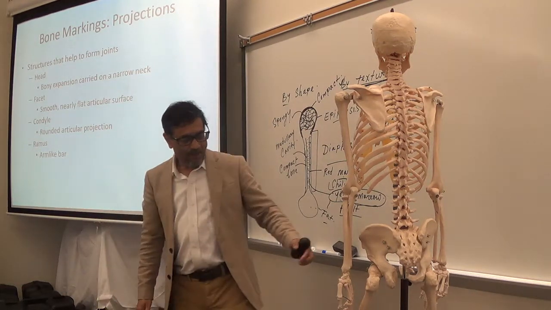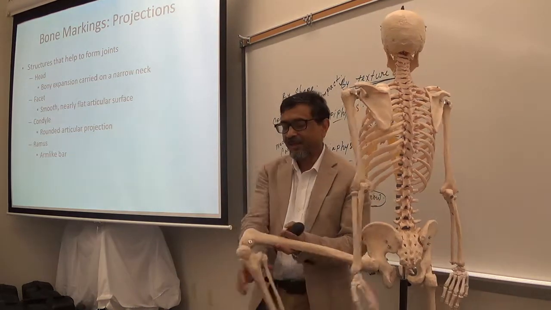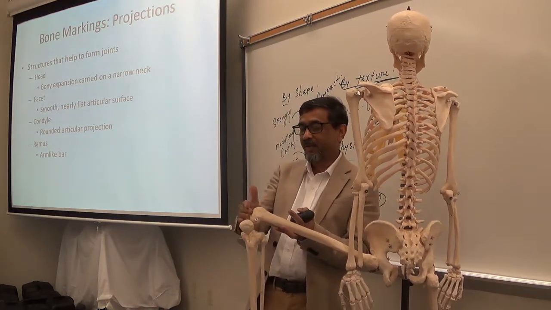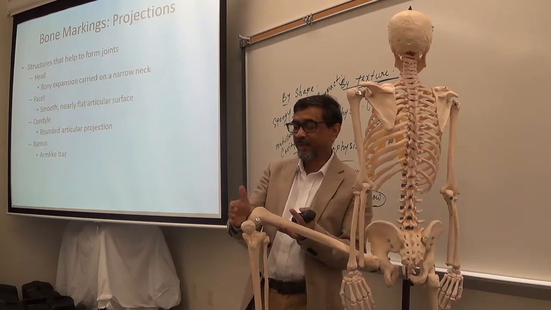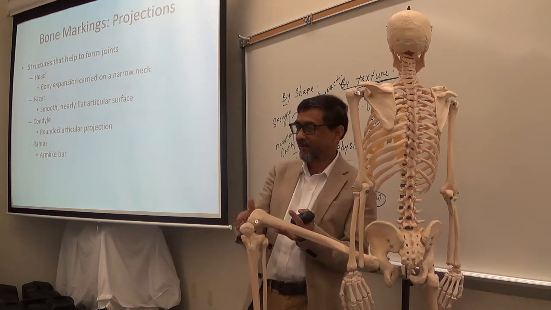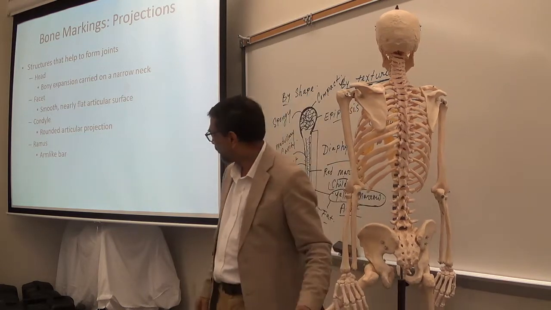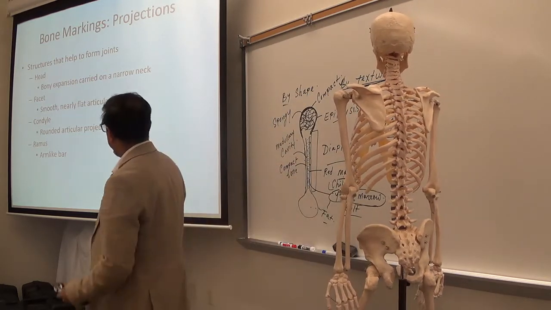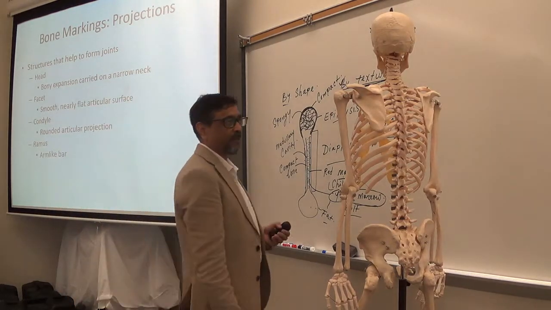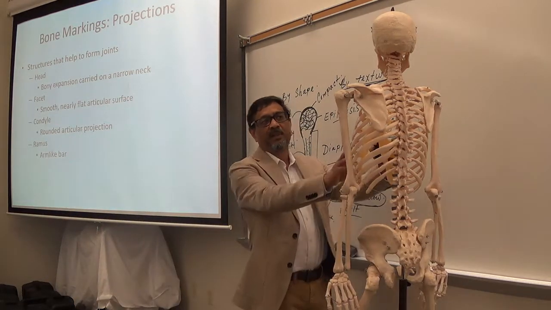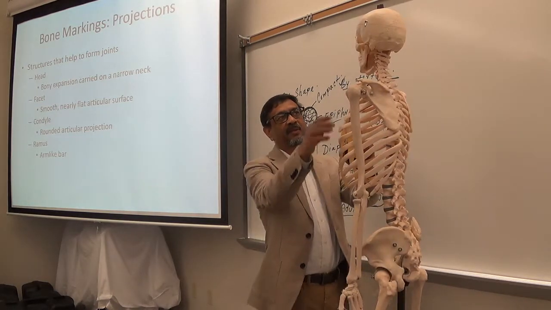Condyle. Now you see the condyle, because condyles form the joint here, like the lateral and medial condyles of the femur form the knee joint. We know that. Ramus, an arm-like part of a bone, is sometimes termed a ramus.